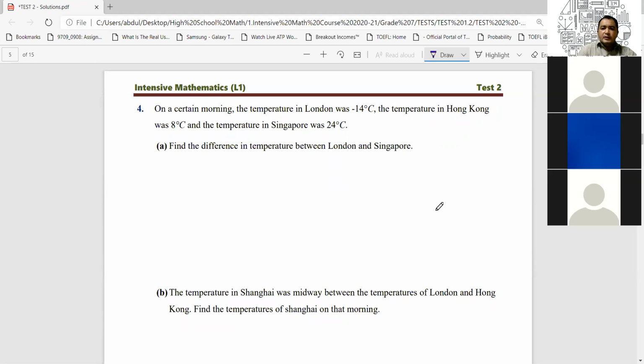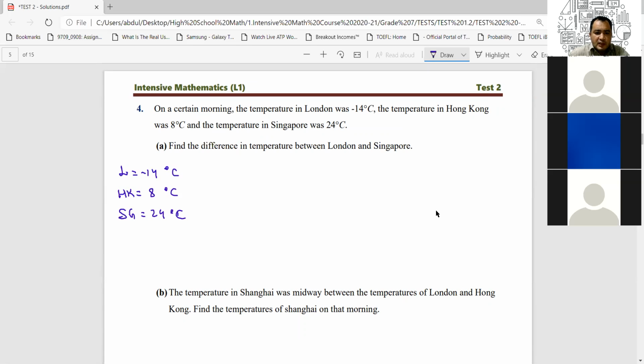Anyways, good. So now let me just write here London, Singapore and Hong Kong, right? In London, the temperature is minus 14. In Hong Kong, it is 8. And in Singapore, it is 24. Degrees Celsius, degrees Celsius, degrees Celsius.